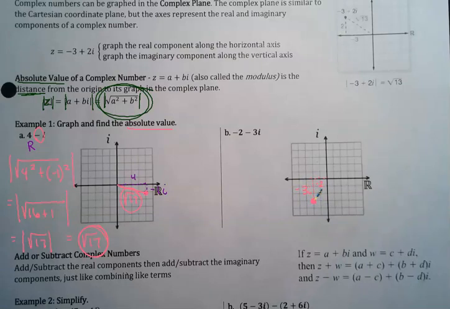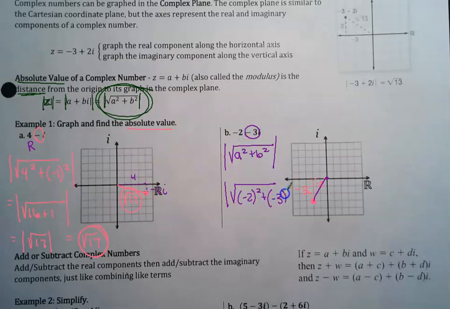And then we need to find our absolute value, which is that distance from this point, negative 2 minus 3i, to the origin. So we're going to find the absolute value of the square root of a squared plus b squared. So negative 2 squared, plus our b is just the negative 3. We don't want the i squared.